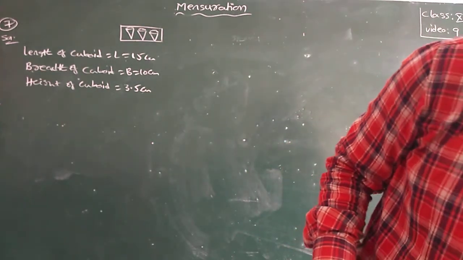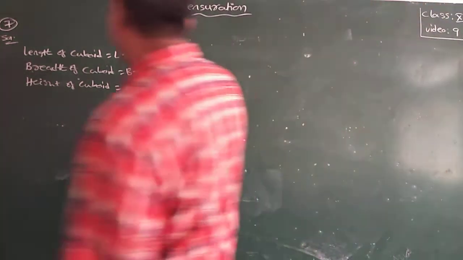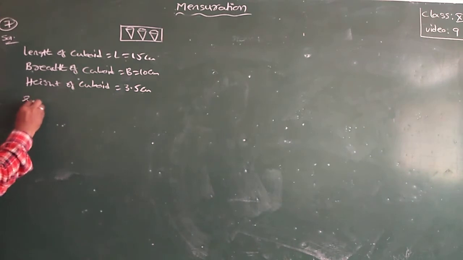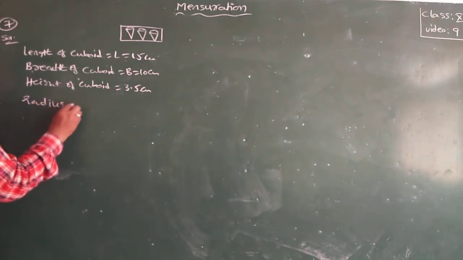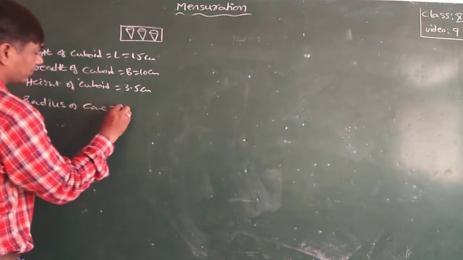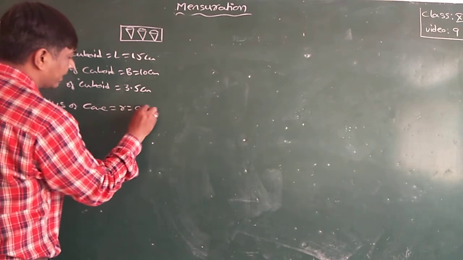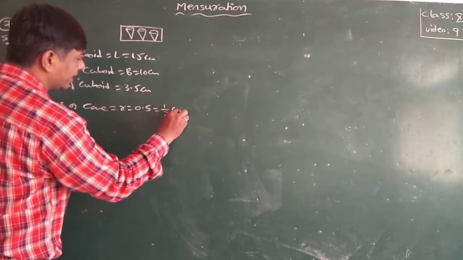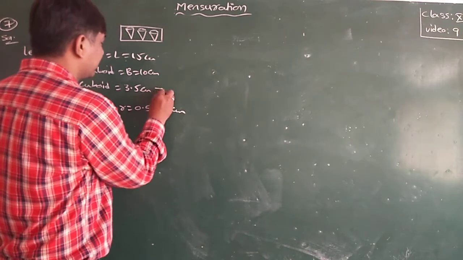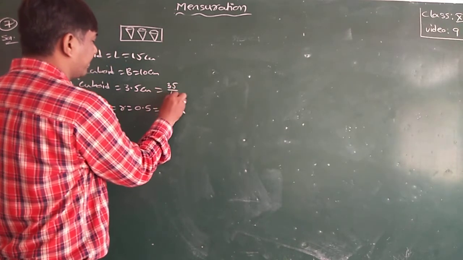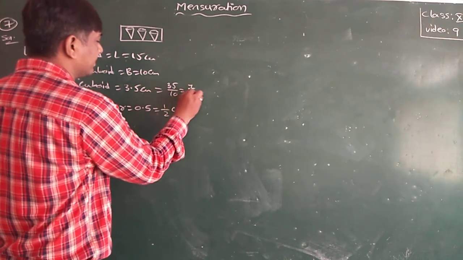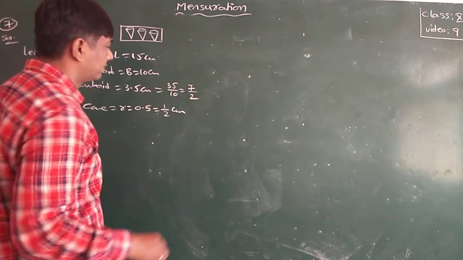Yes. The radius of each depression, conical depression, means the radius of the cone, R is equal to 0.5. That is equal to 1 by 2 centimeters.